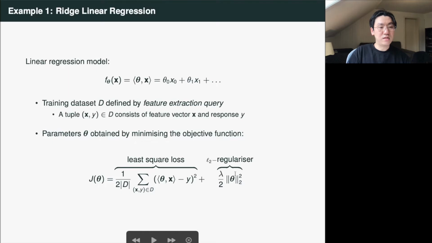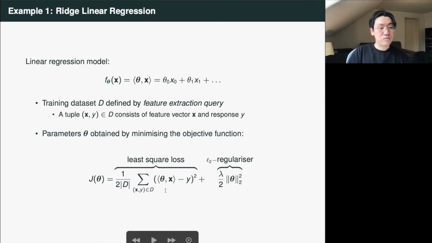For this least square loss, for each sample in the dataset, we compute the prediction for that sample using our model and compare it with the label to get the prediction error for this sample. The error for this model is then the sum of the square of all errors from all samples in the training dataset.